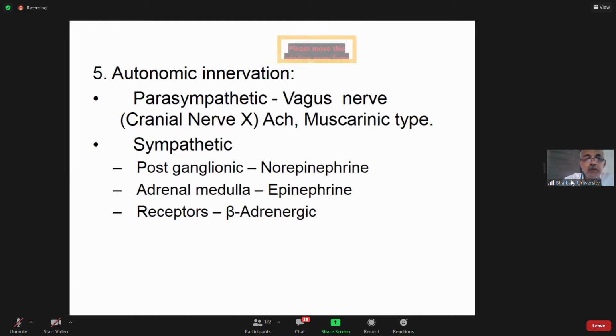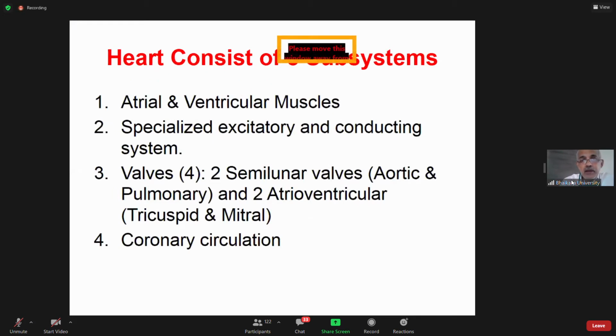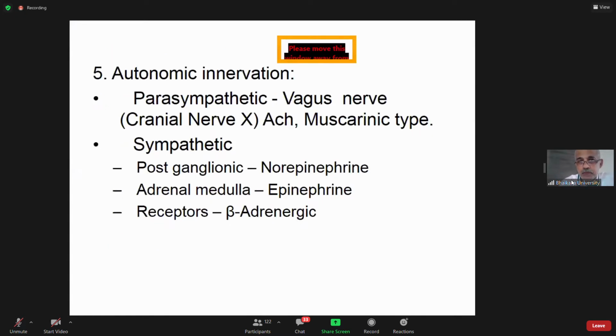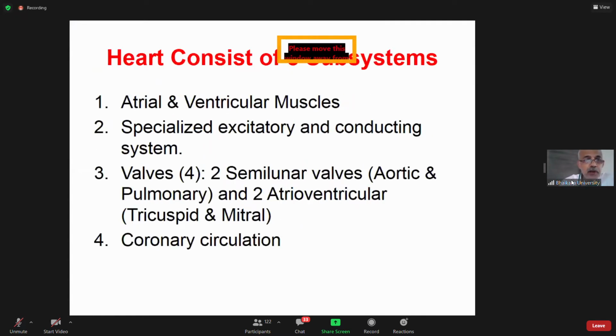Receptors are beta adrenergic. In my class, I'll be dealing with the atrial and ventricular musculature and the autonomic innervation. The other 2 parts, valves and coronary circulation, will be dealt with later on by other teachers. I will not delve into it.